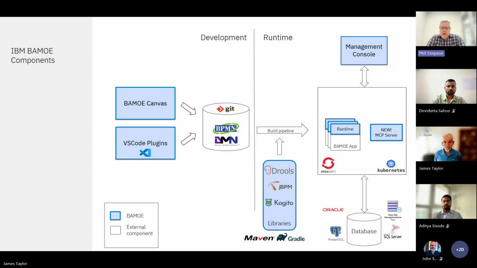Once you've created your application, you can deploy it for execution into a runtime. Typically, the runtime is a Kubernetes environment. So typically, your build pipeline will create container images, which you can deploy to the runtime. And those images are executables that natively execute the workflows and the decisions that you've defined in your model.